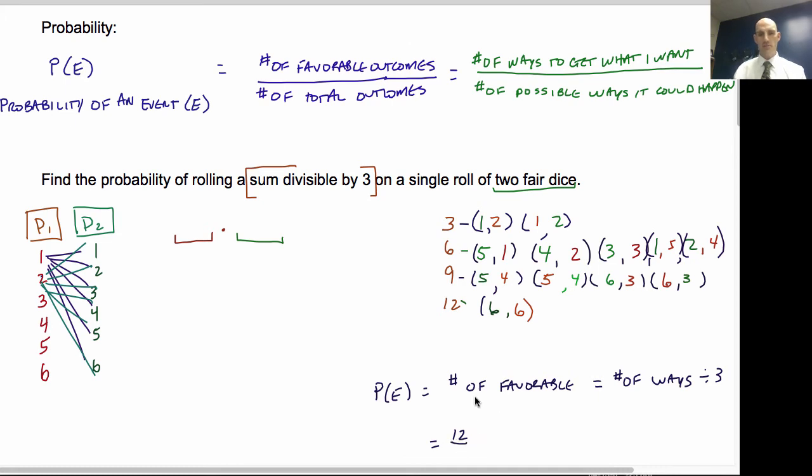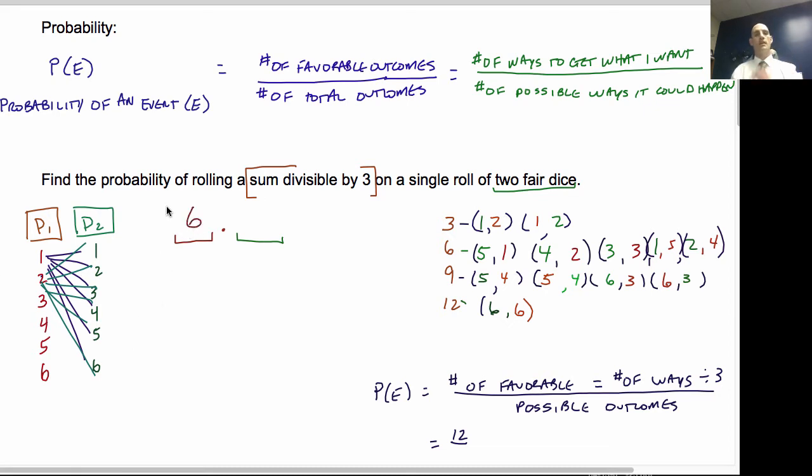But the tricky part of this one can be, what about the possibles? What about the possible outcomes? That's where we're coming back here, okay? And so I illustrated that to say, you know, the red one and the green one are different. But every single event on the red die, there are 6 of them.